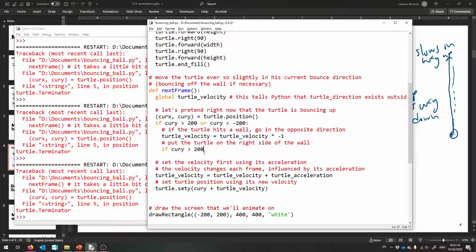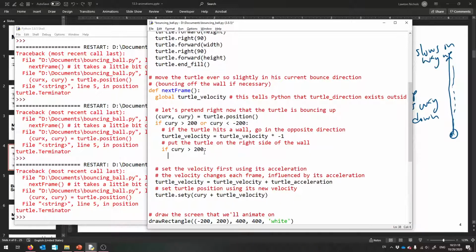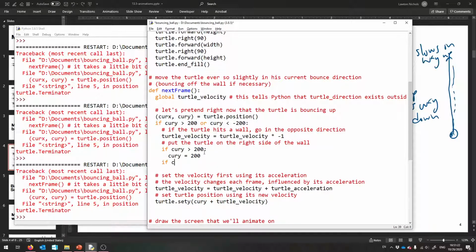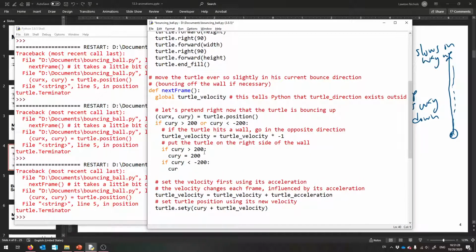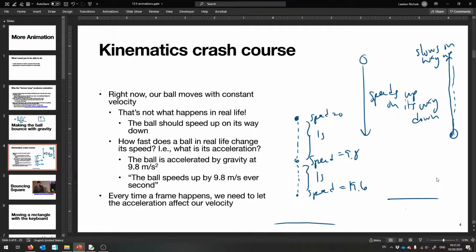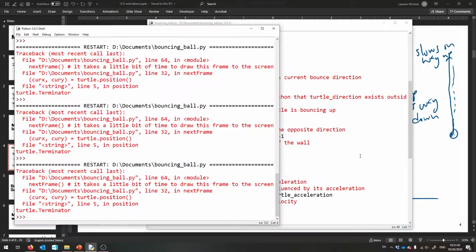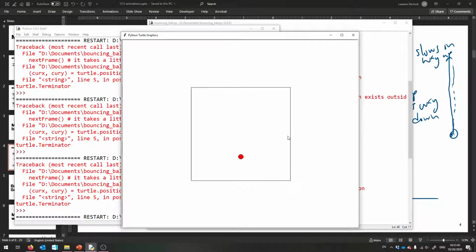If it is greater than 200, let's set it to be 200. And then if the current y is less than negative 200, set the current y to be exactly negative 200. Okay, that's the idea, because if it went under the wall a little, because it was moving so fast it went past the wall, we need to put it right here before we do any calculations. That's the idea. But that's legitimately all we have to worry about, I think.